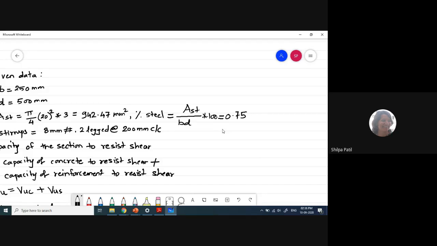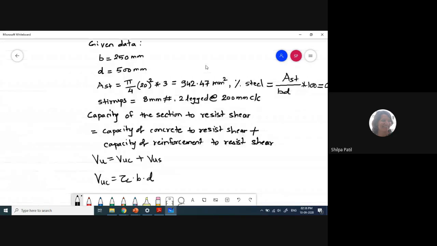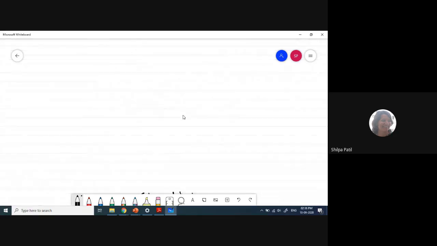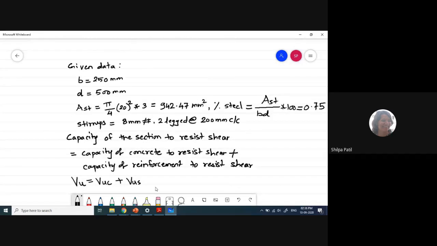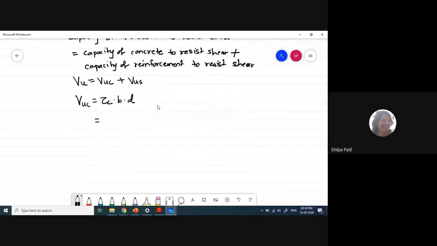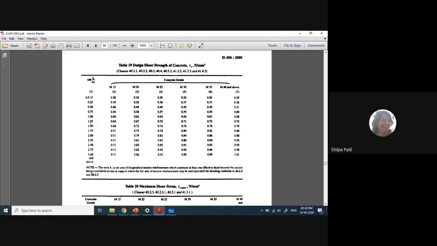All right. Now for this 0.75 value and for M20, for percentage steel of 0.75, we have a value directly in the table.